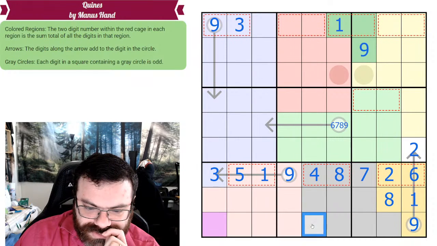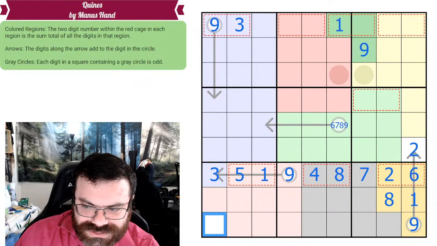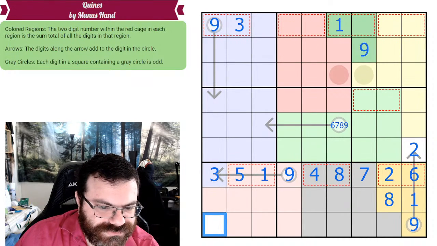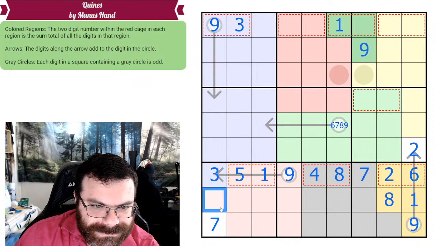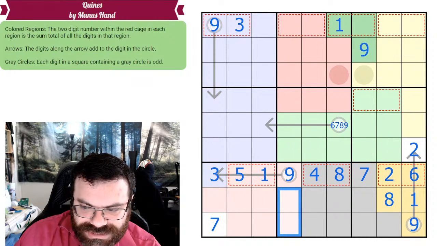These are in pink? Oh, these are in pink. Shouldn't have colored that. That places a 7 here. I might want to redo the math I did earlier, though. But these add to 7. They could be 1, 6 this way, or 2, 5.